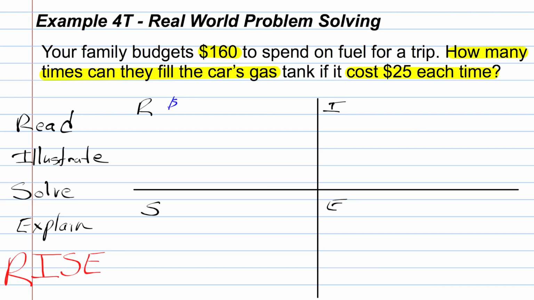That they would have $160 to spend. That they have $25 each fill up. That it costs them $25 per fill up. And then actually state the question itself. How many times can they fill the tank?